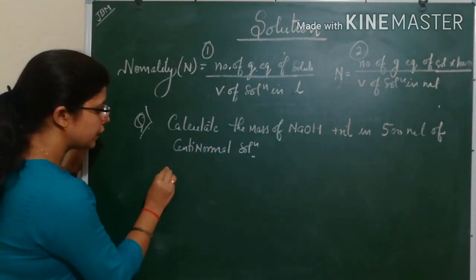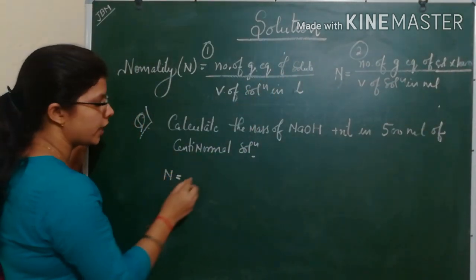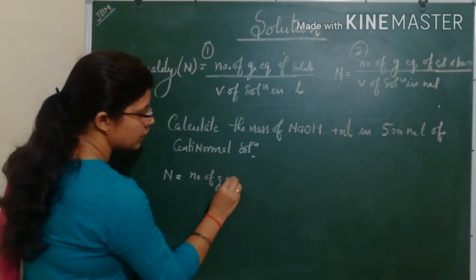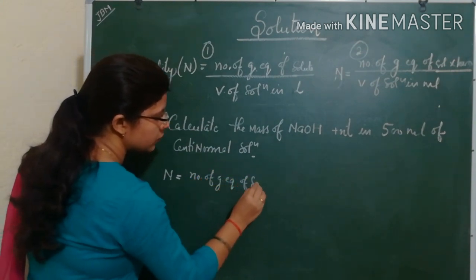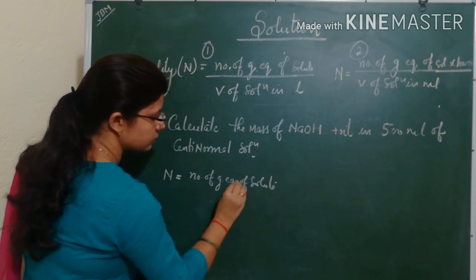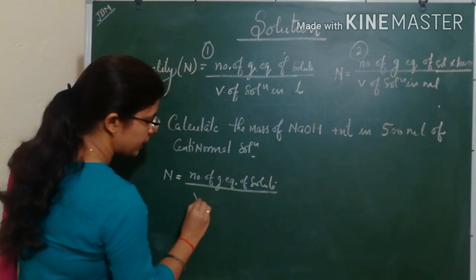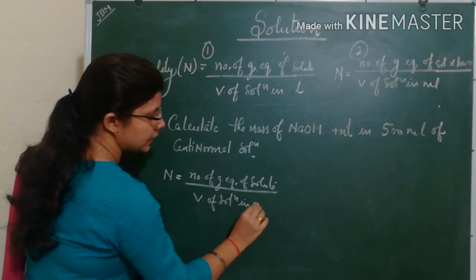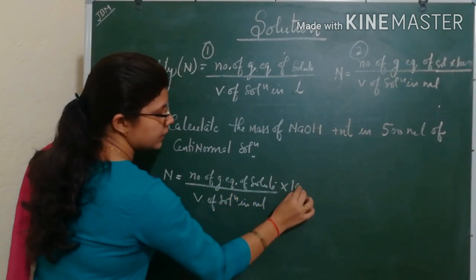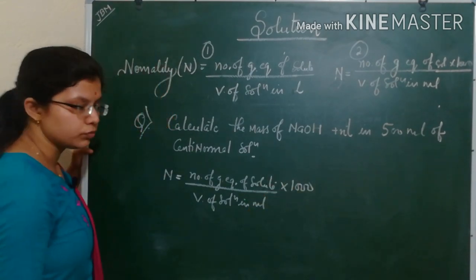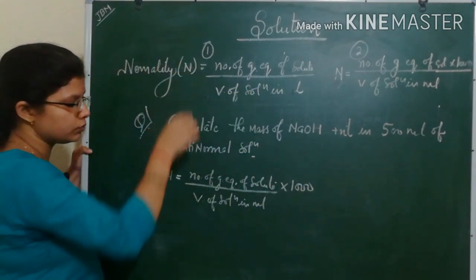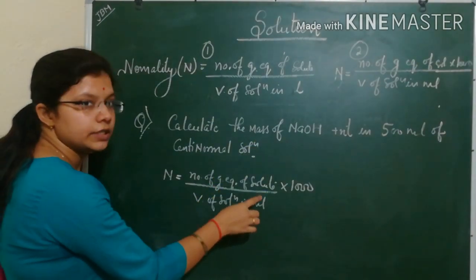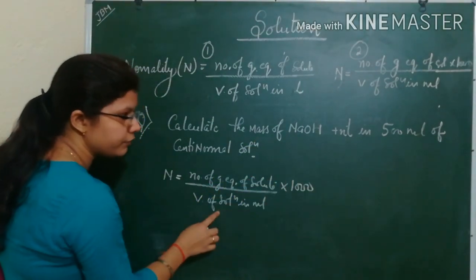So if you are putting a normality formula, what is the formula? Number of gram equivalent of solute divided by volume of solution in milliliter. So you will multiply with the 1000 in the numerator. You are taking this formula here. Volume of a solution in milliliter is already given, 500.